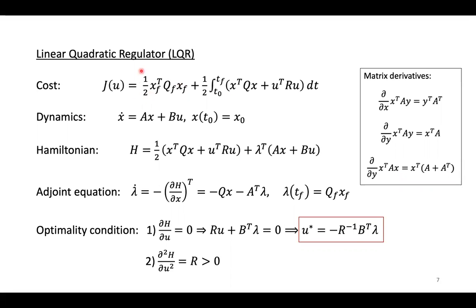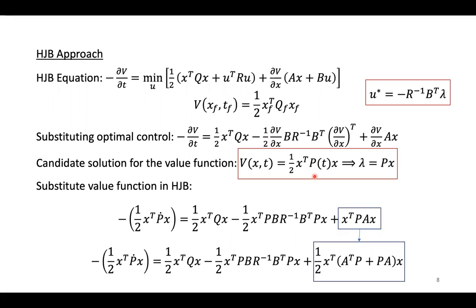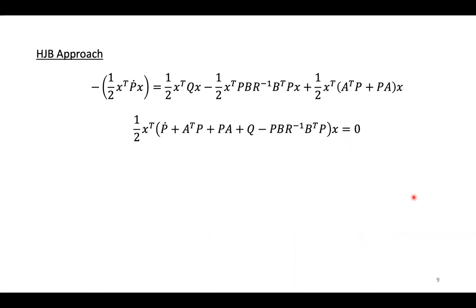If you realize all of these are either positive semi-definite, these two, and this is positive definite, which means if you actually calculate the value function, it should be positive semi-definite at least for all time, which means you want this P of T to be positive semi-definite, which is why if you take x transpose pt of x, this becomes a positive semi-definite scalar, which means this is a symmetric matrix. Okay, it looks like everyone is on the same page. So moving on, I just took the previous equation and I'm just writing it here.